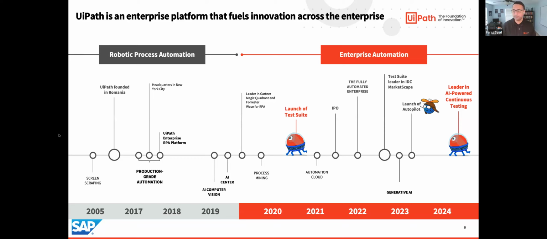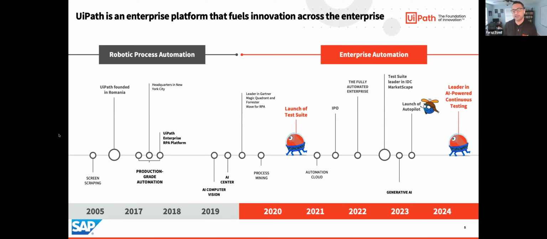For example, AI computer vision, which is a UiPath technology that's production grade that now we're using in test and lower environments. We also came up with other solutions such as process mining, which allows you to mine your processes, understand what your processes look like within your SAP or any application footprint.